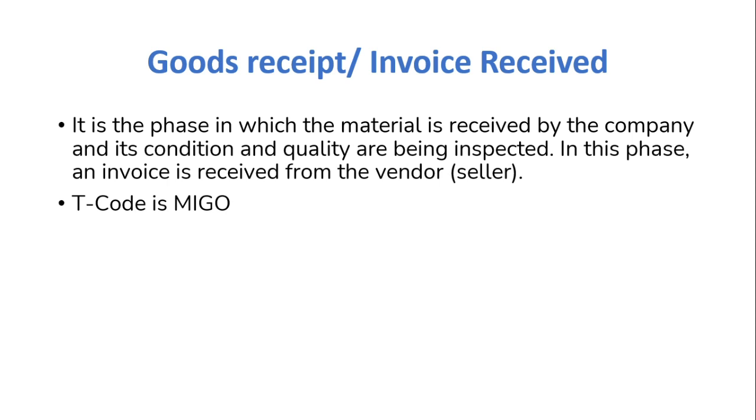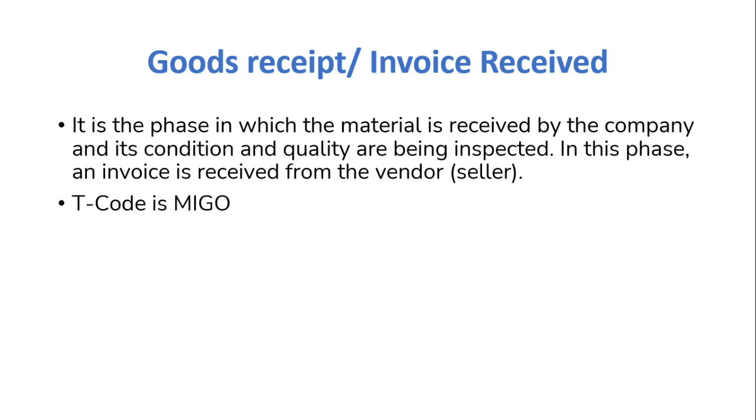In this way, the material is received by the company and its condition and quality are inspected. In this phase, an invoice is received from the vendor. Once GRN is completed, goods receipt means GRN, in SAP we will have two documents.